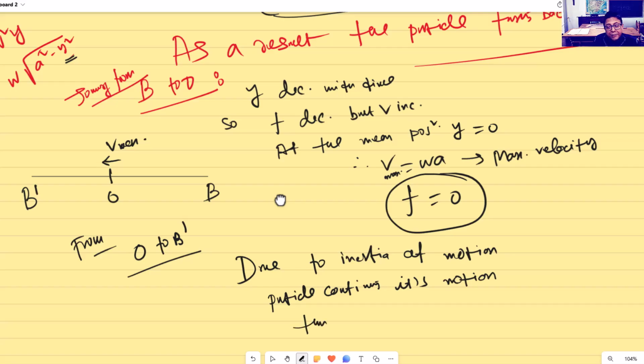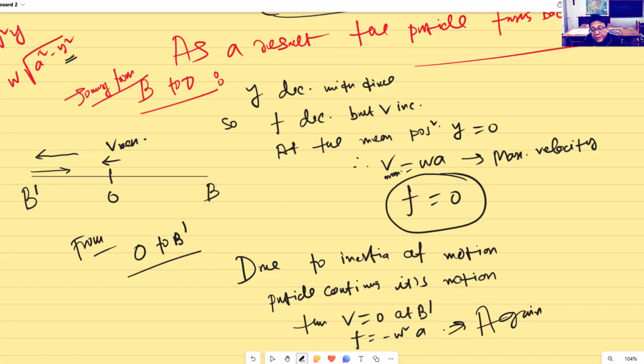And then V equals 0 at B dash and acceleration becomes minus omega square. So the particle was going this way, and acceleration is directed this way. So again it turns back and starts moving towards O, and this process repeats.